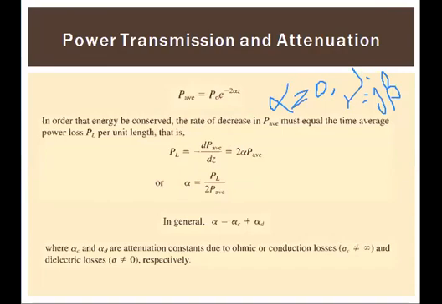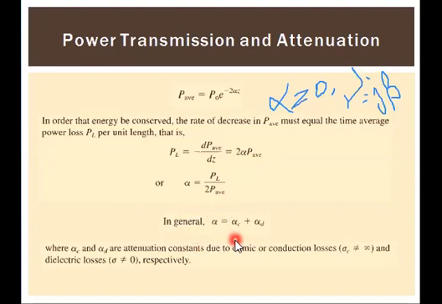In order that energy be conserved, the rate of decrease in P average must equal the time average power loss, that is PL per unit length. That is, PL equal to minus dP average by dz equal to 2 alpha P average, or alpha equal to PL by 2 P average.